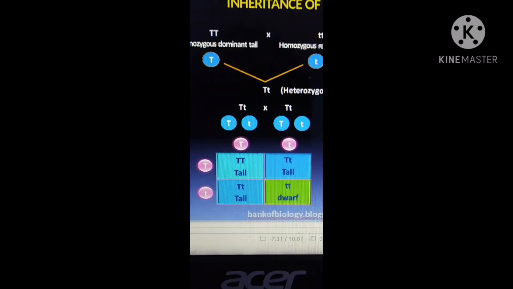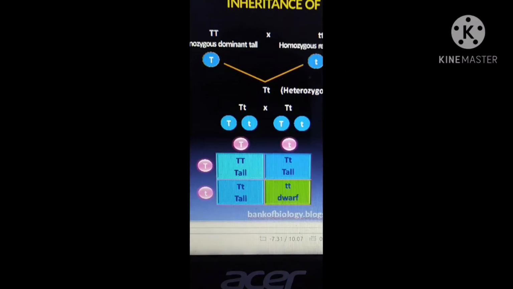If they get crossed, capital T combining with capital T gives capital T capital T. Capital T combining with small t gives a plant having capital T and small t. And if small t combines with small t, the plant bears small t and small t. So two plants can produce four plants.